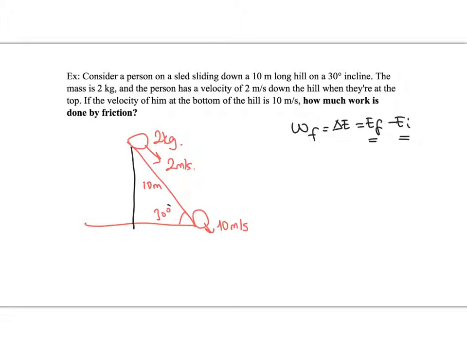As the angle is 30 degrees, the height should be half of the hypotenuse, which is equal to 5 meters.